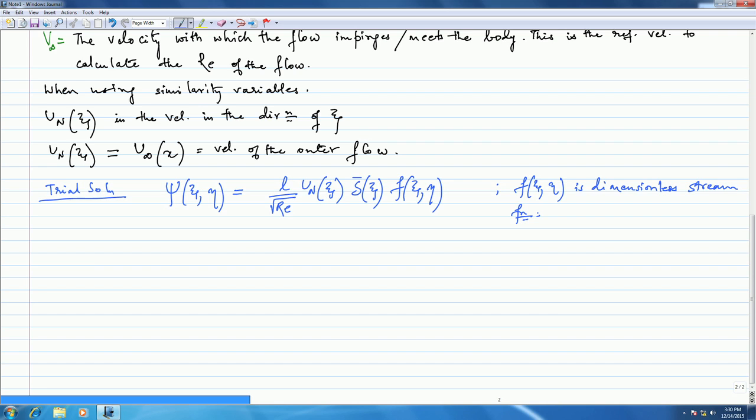All right. So, now that we have that, let us write down velocity, which is del psi by del y, okay, which is equal to del psi by del eta, del eta by del y, right.